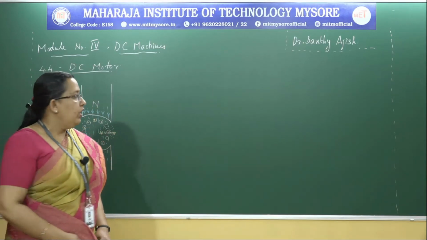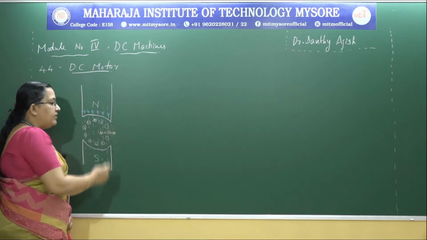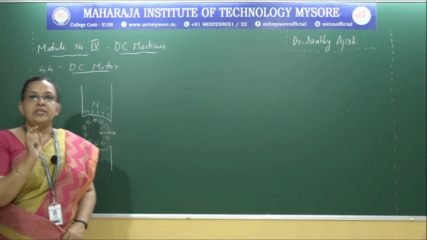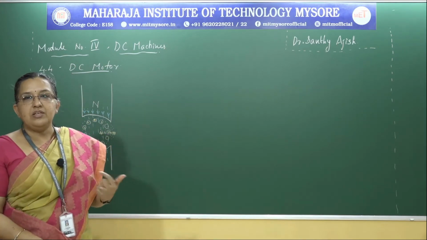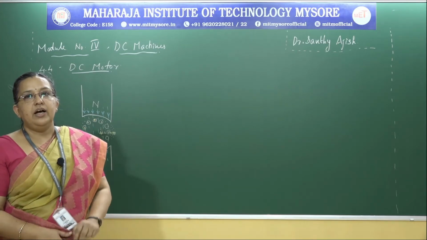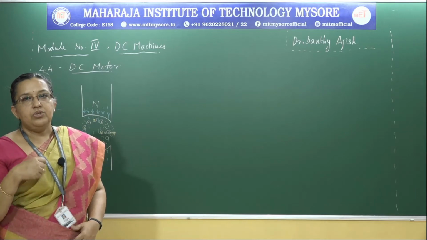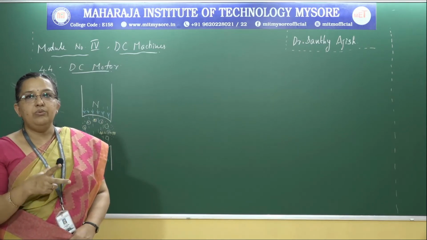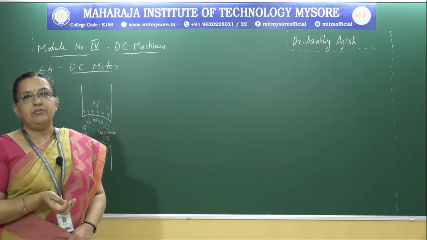So now what we can observe is we have two fluxes working on the same armature conductor. One is the main flux which is produced by the field winding, and the other is the armature current created flux. So now a torque is produced because of the interaction of these two magnetic fluxes.